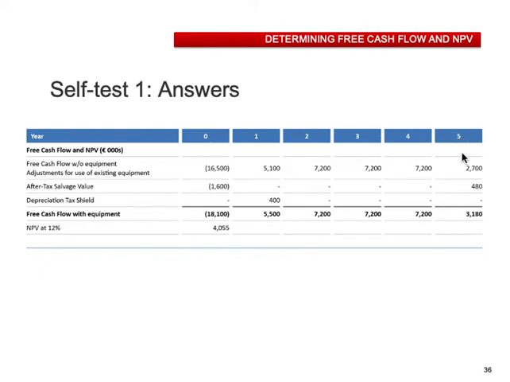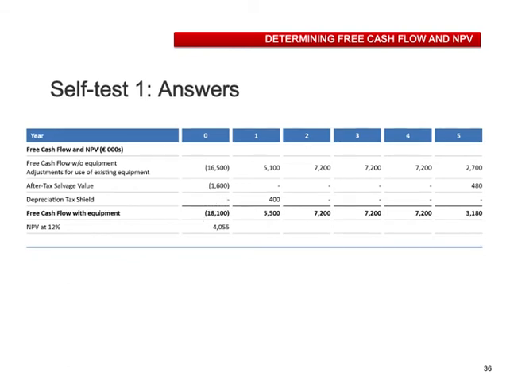And compared to the previous example, we have a new cash flow in year 5 as well of 3,180,000. Now, the new NPV with equipment is going to be 4,055,000. That means that the present value of all these cash flows are higher than the present value of the investment. So in other words, we have a positive NPV.